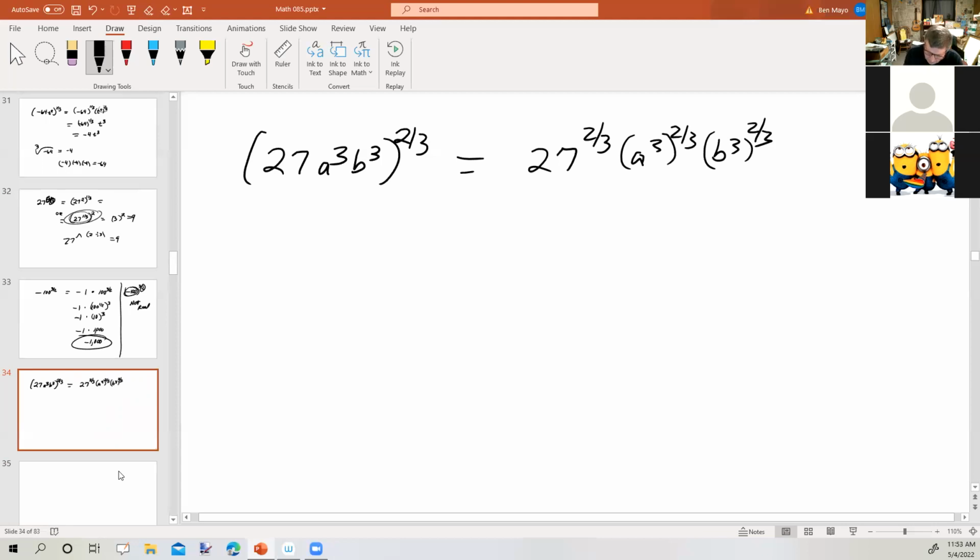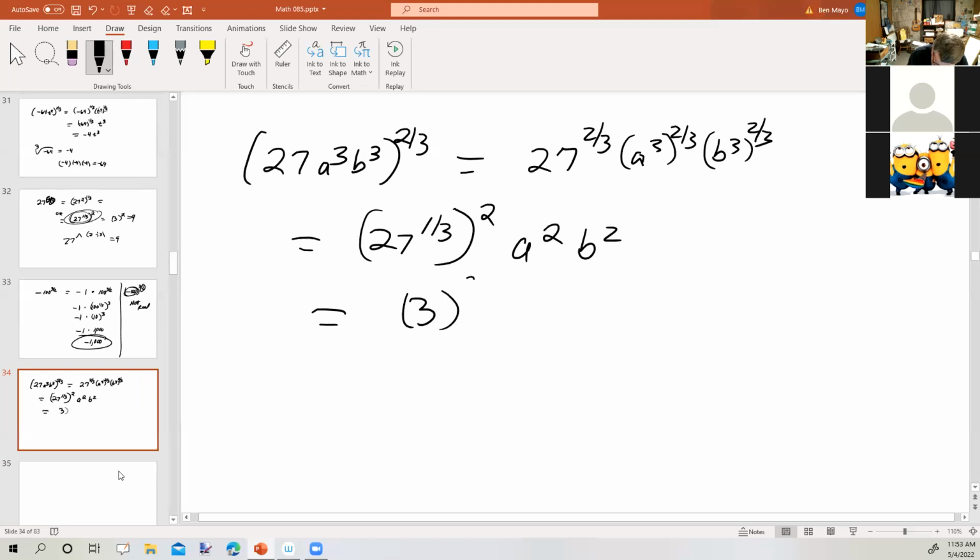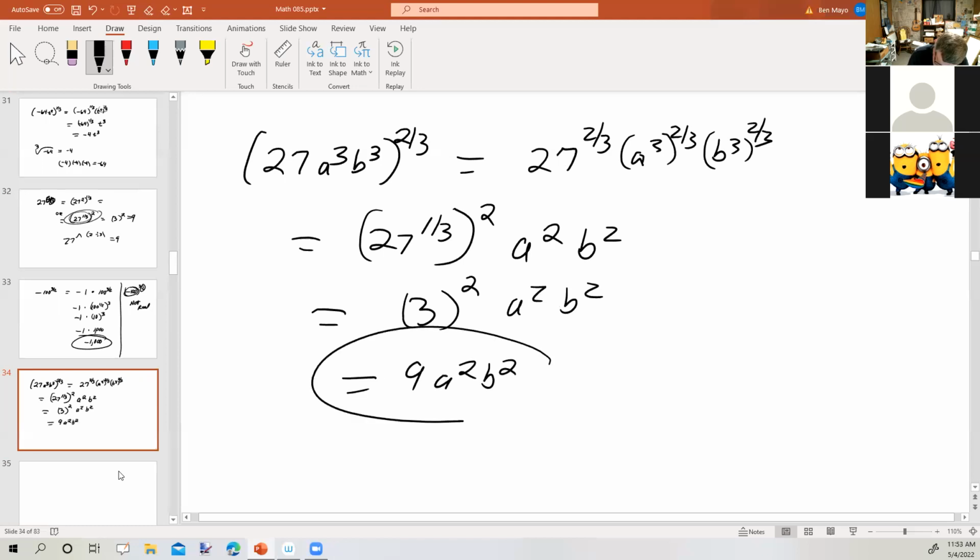Okay. 27 to the 2/3 power. I could write that as 27 to the 1/3 power squared. a to the 3rd to the 2/3 power is a to the 6/3 or a squared. b to the 3rd to the 2/3 power is b to the 3 times 2/3 or 6/3 or 2. The cube root of 27 is 3. 3 squared is 9. So there's my final answer.